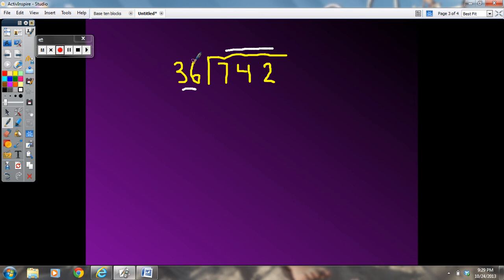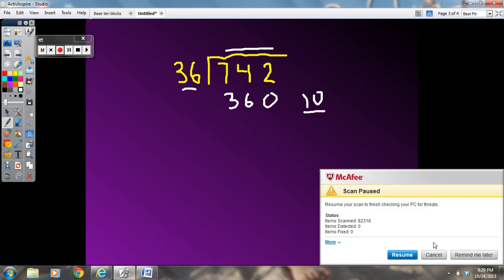What we do typically when we use partial quotients is we start out by making 10 groups of whatever that divisor is. 10 groups of this 36 I know would be 360 blocks. So if I tried to make 10 groups of 36, that means I would have used 360 blocks from the 742 blocks that I had.